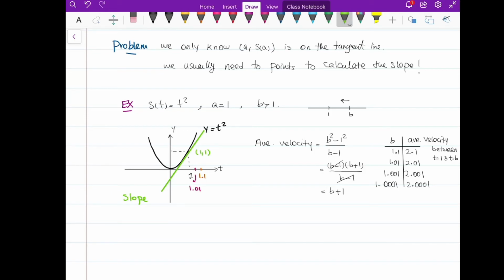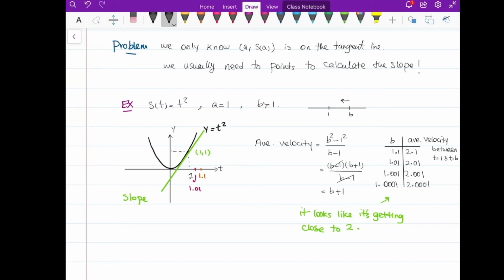So it looks like it's getting closer to 2. You see, it starts at 2.1, so it's getting 2.01, 2.001, 2.0001. So it looks like it's getting close to 2. Okay, but we need to be certain about this.